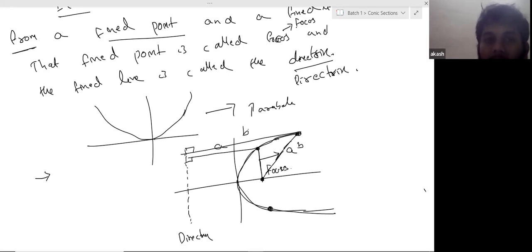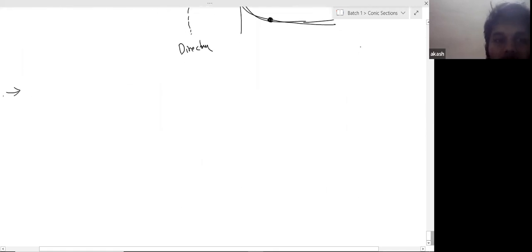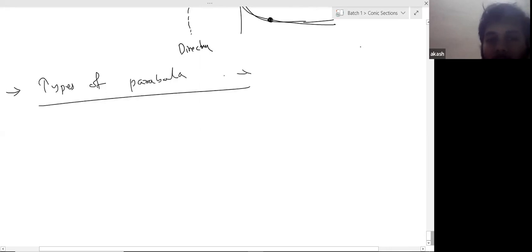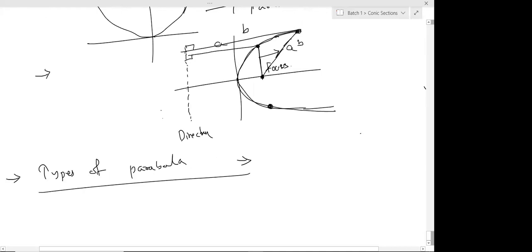But the distance should be equal. There are still 4 types of parabola in your syllabus. If you remember the diagrams and the simple equations, it will be very easy for you. Did you draw this diagram?